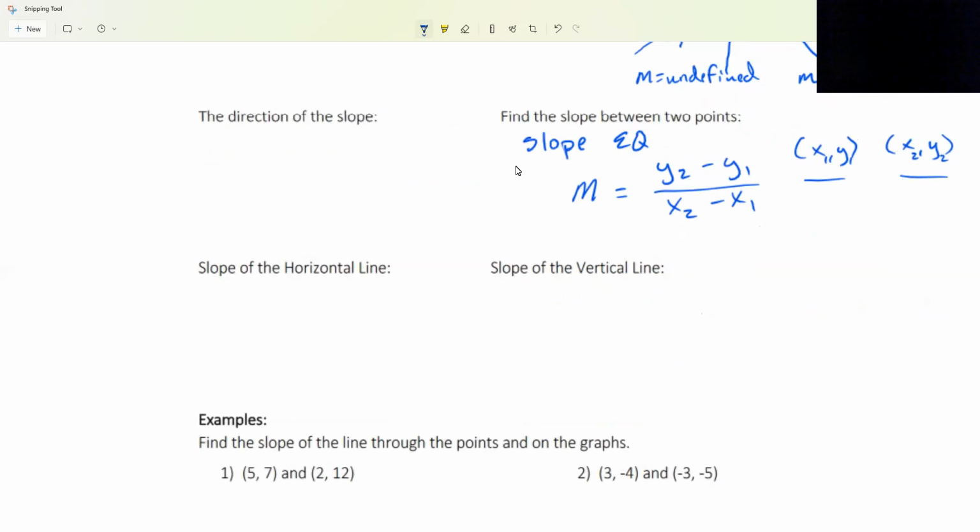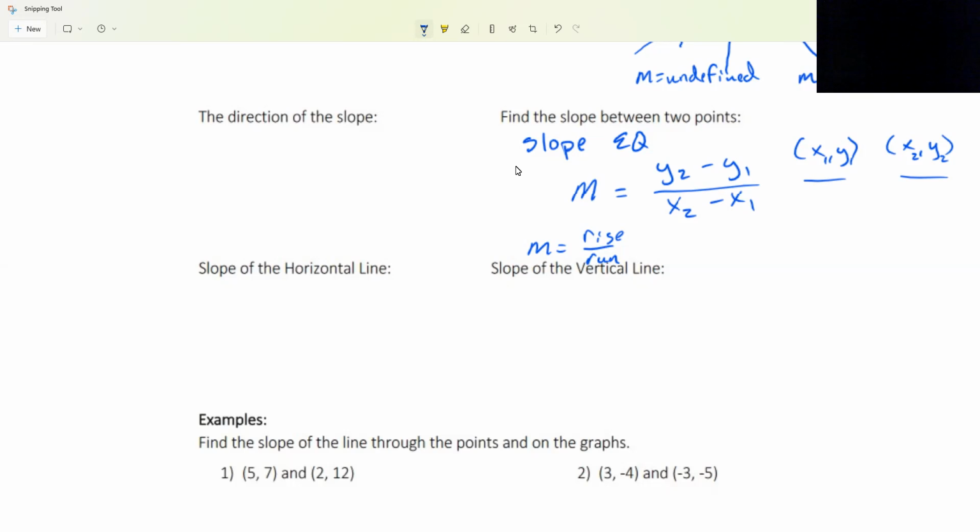A lot of you have probably heard that the slope is basically the rise over the run. The run is moving from left to right, and the rise is going up and down, depending on how you read the graph.